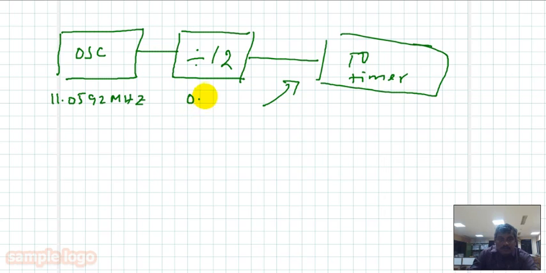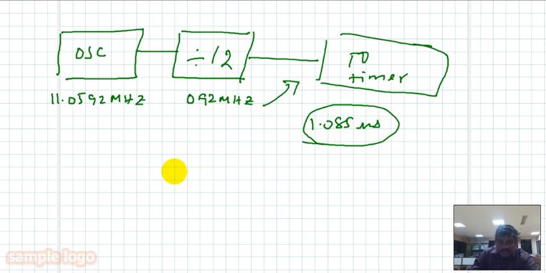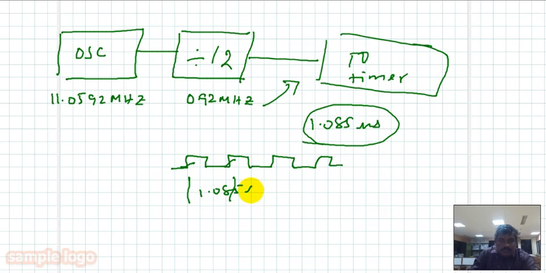You will get around 0.92 MHz. If you convert this frequency into time, the time will be 1.085 microsecond. This you can calculate.